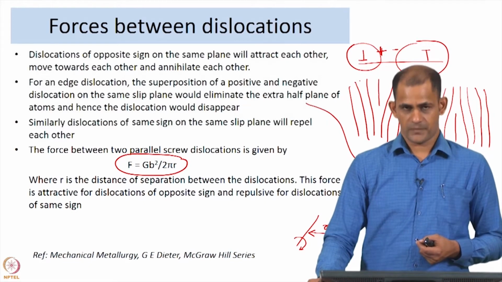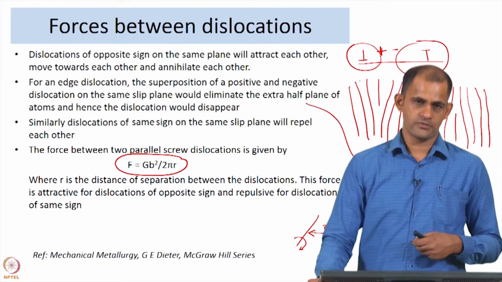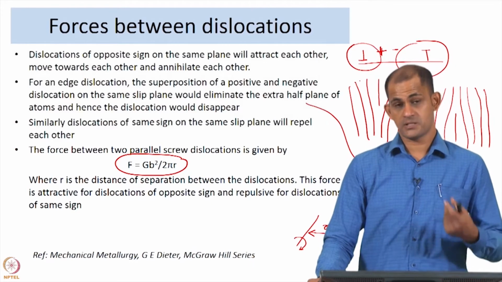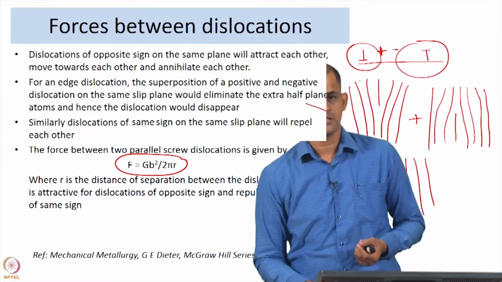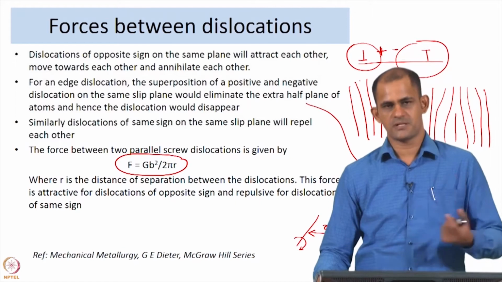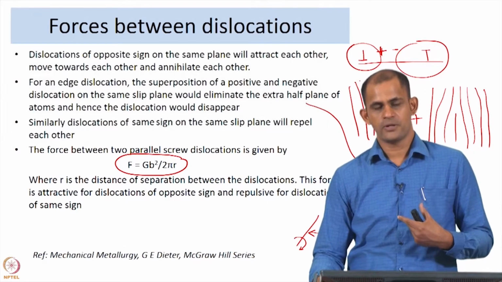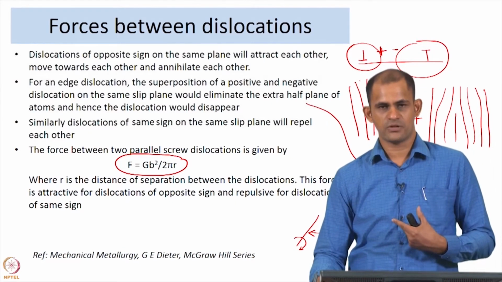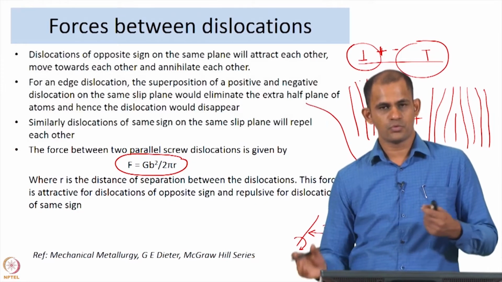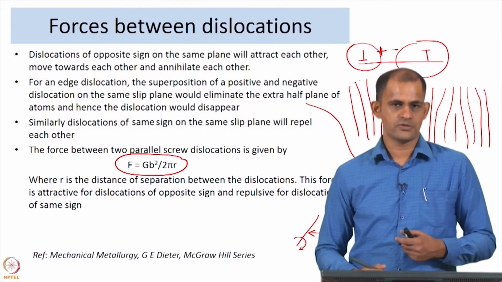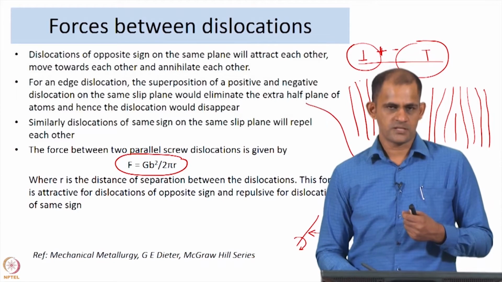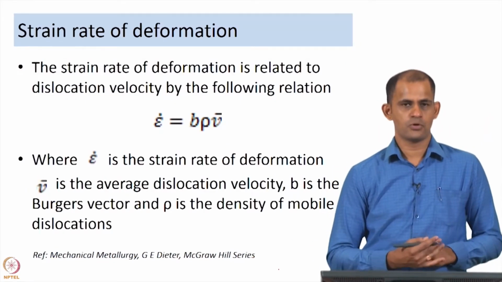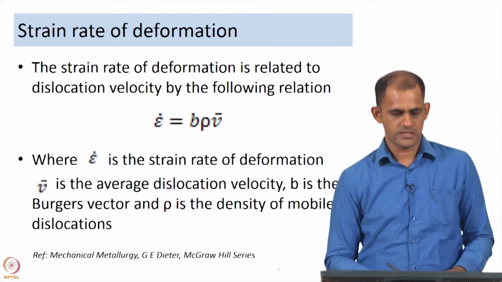Because there is an energy associated with the dislocation, it increases the free energy of the system, and that is why a system would want to get rid of dislocations, or would want them to organize themselves in a fashion which reduces the energy penalty on the system. So, now a couple more concepts related to dislocations.